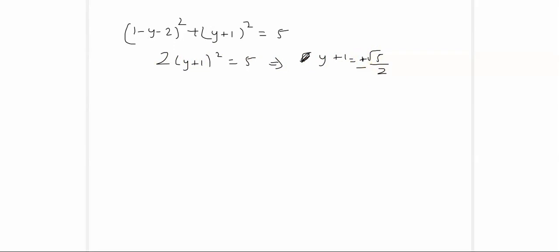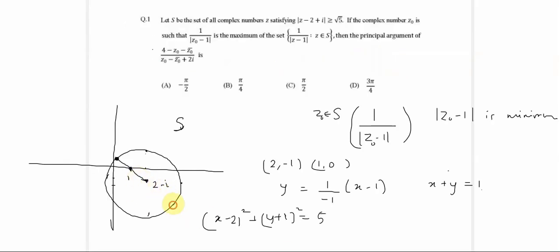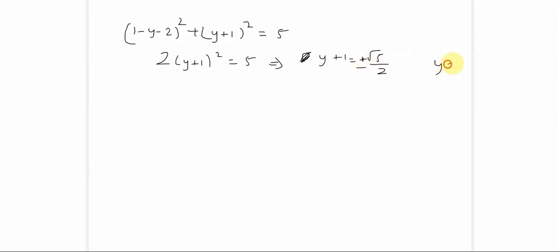So there are 2 points that satisfy this condition, one here and one here. We need the one with the positive y. So y is equal to root 5 by 2 minus 1, that is the positive one. And then we'll get x equal to 1 minus y. Oh, wait a minute, there's a mistake here.